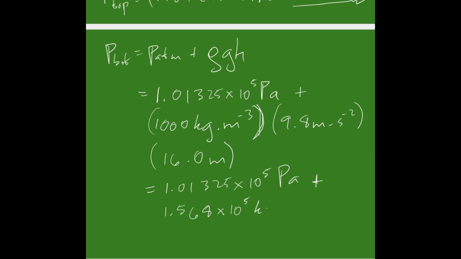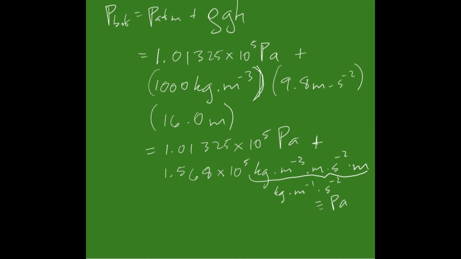So it's kilograms times meters to the minus 3 times meters times seconds to the minus 2 times meters. Now let's see what happens here. So meters to the minus 3 times meters gives us meters to the minus 1, and then seconds to the minus 2. So this here is kilograms, meters to the minus 1, seconds to the minus 2, and this is a pascal. So at least we know our units are matching right.